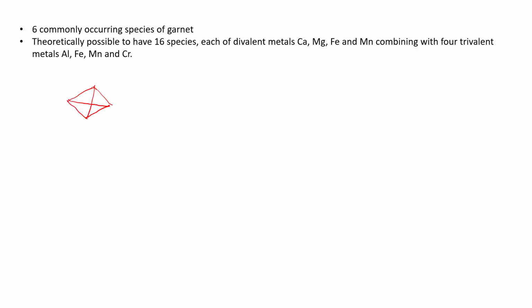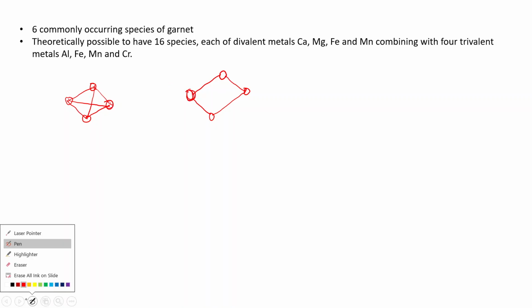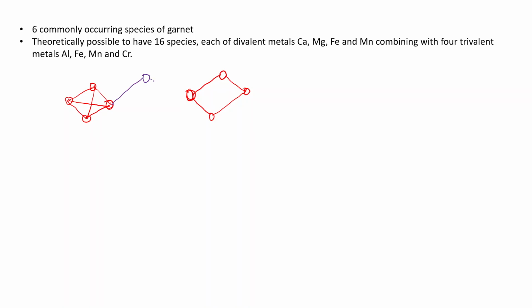Then share its oxygen with the nearer tetrahedra again. So we have now this oxygen and this oxygen to form an octahedral layer. So let us first join it this way. So this is another oxygen. Then we have this one.